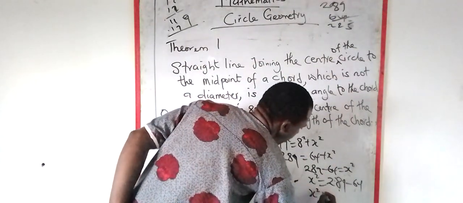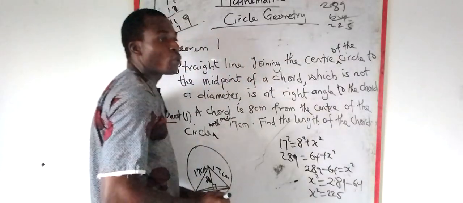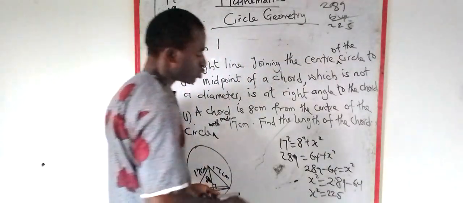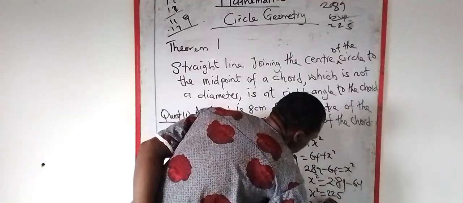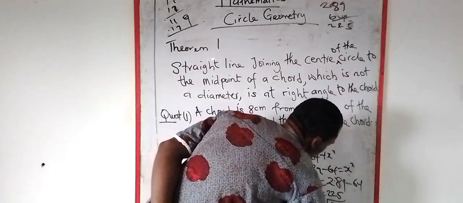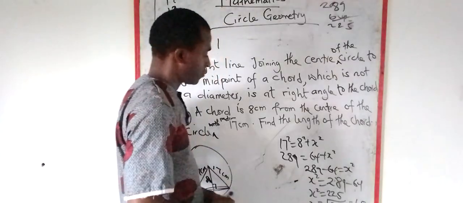So x squared equals 225. From our equation of indices, I have taught you this one becomes square root on the other side. So x is equal to the square root of 225, which is 15.